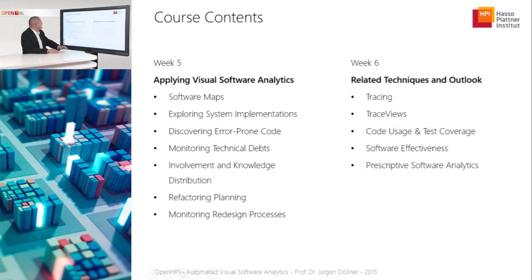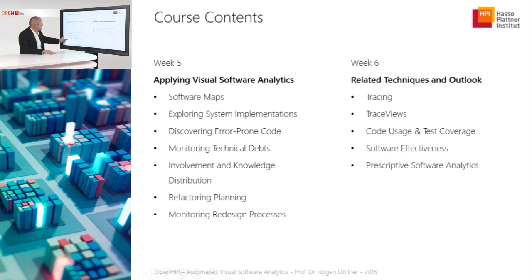And in the next week, we have a look at applications of visual software analytics, especially software maps and different software map themes, such as exploring system implementations, discovering error-prone code, monitoring technical debt, involvement in knowledge distribution, refactoring planning, and monitoring redesign processes.